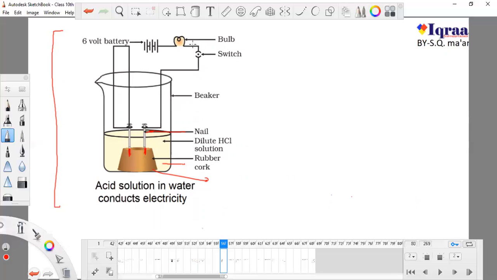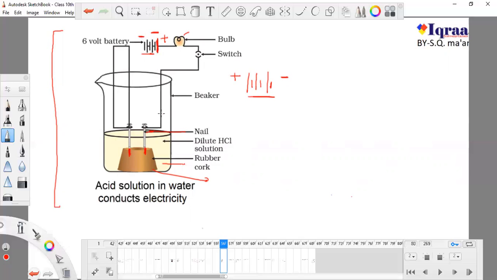Now this is the bulb, this is the circuit. Remember that this large sign is positive and this is negative. There is no problem with this. One terminal will be positive and one terminal will be negative, so it is not a big deal that the book is using positive here and I'm using negative here.